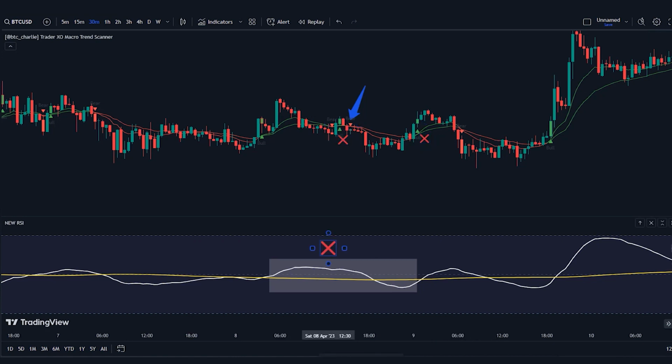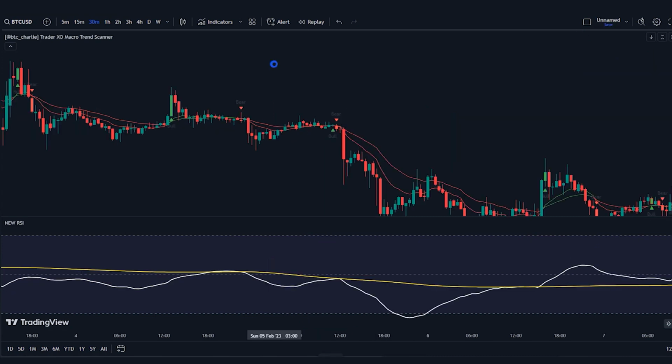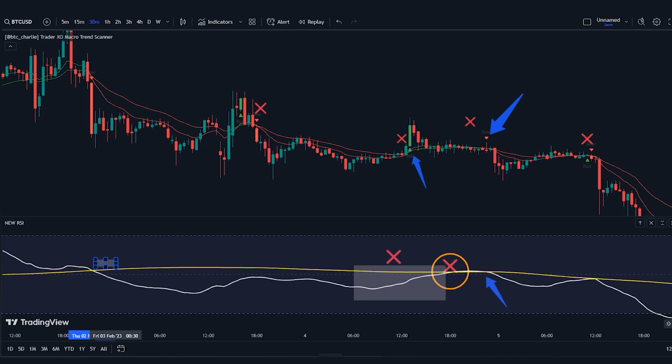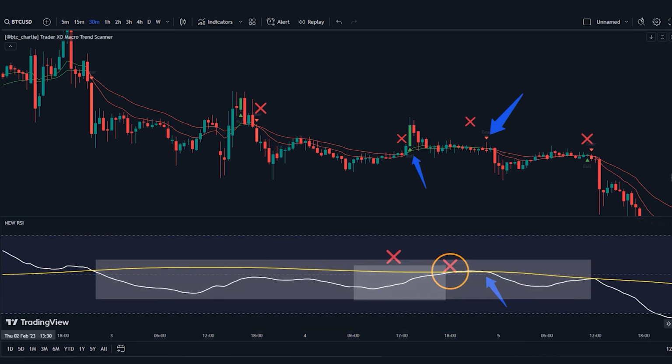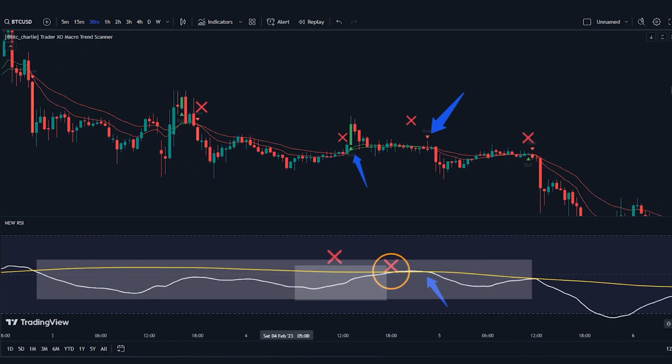So this signal is also considered fake. Again here, the indicator has given a sell signal, the RSI hasn't crossed higher, and this signal has also been filtered out. Here the indicator has given a buy signal, but there is no crossing, and this fake signal is also filtered. So in this area, RSI has filtered 4 to 5 signals, all of which are false.